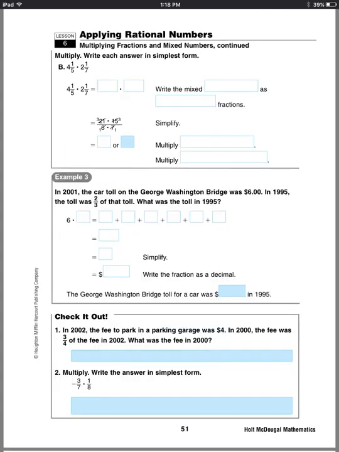On this one, we have 2 mixed numbers. So we're going to still write the mixed numbers as improper fractions. So we're going to have 4 and 1/5, and that's going to be 4 times 5 plus 1 over 5, which equals 21/5.